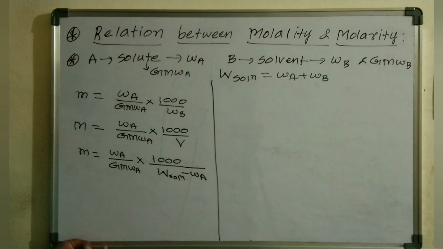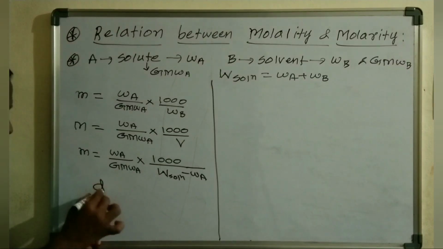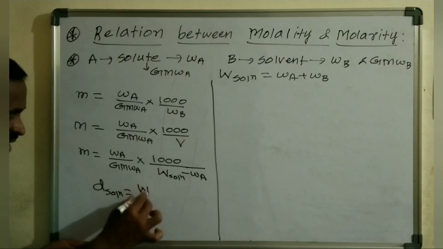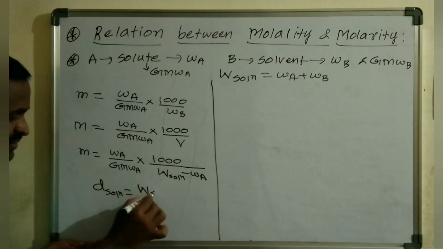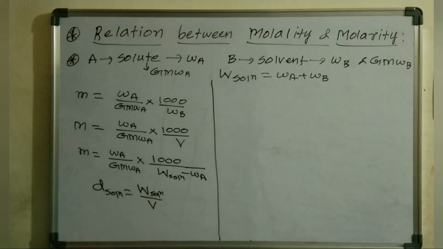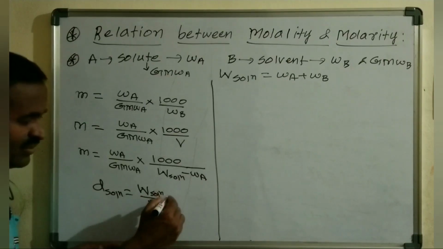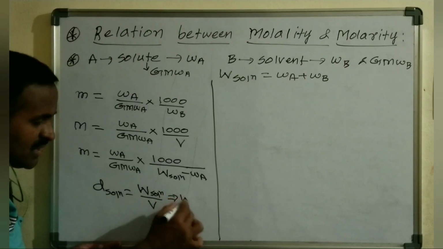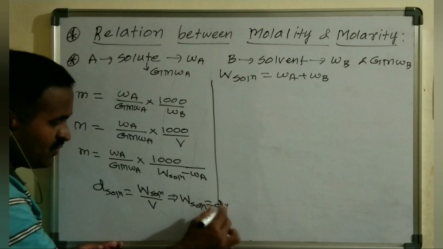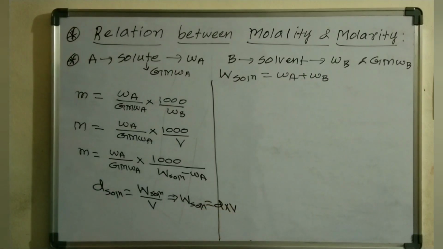As per the density definition, the density of a solution is equal to the weight of solution divided by the volume of the solution. So you can write the weight of solution, capital W, is equal to D into V, density into volume of the solution.